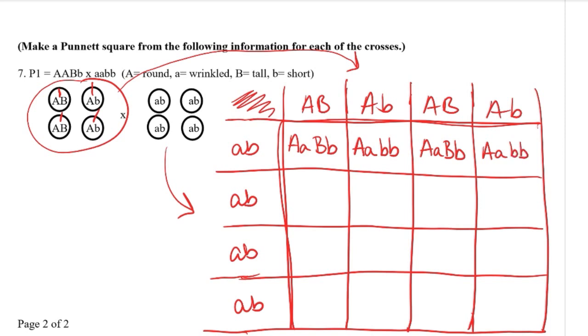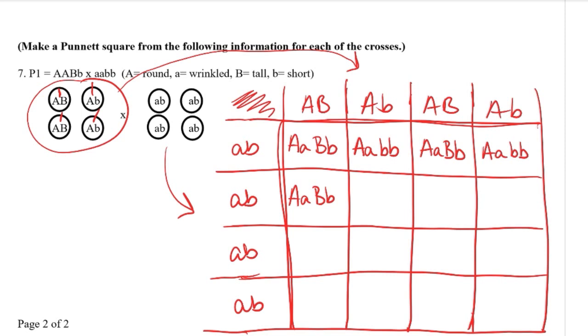And then if I continue, I will notice I have A, B, capital A, and lowercase b. And as I'm going along, you notice how these are all the same? That's going to happen sometimes.